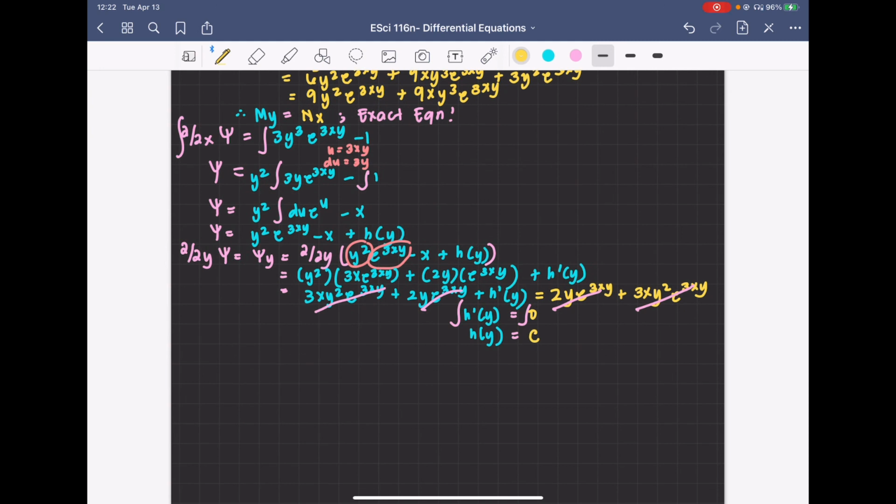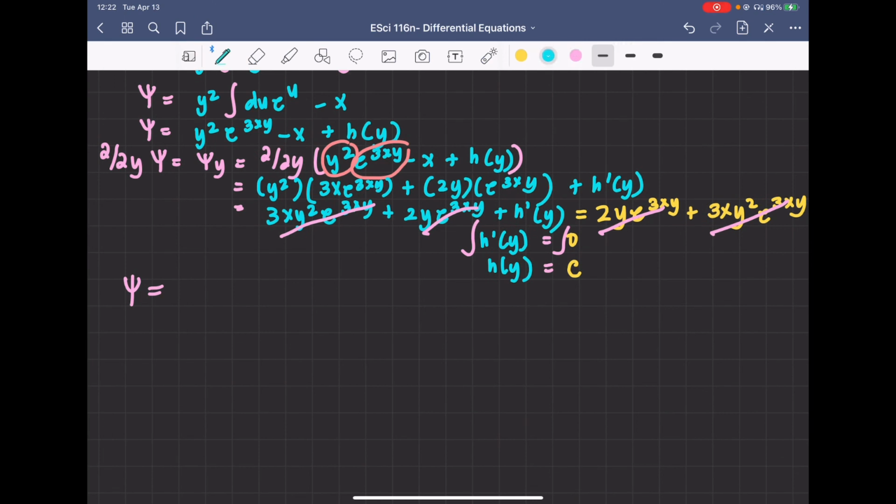Therefore, going back to our original equation of psi, which is y squared times e raised to the power of 3xy minus x plus h of y, that is psi equals y squared times e to the 3xy minus x plus c.